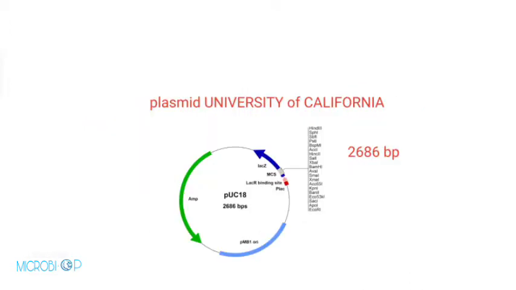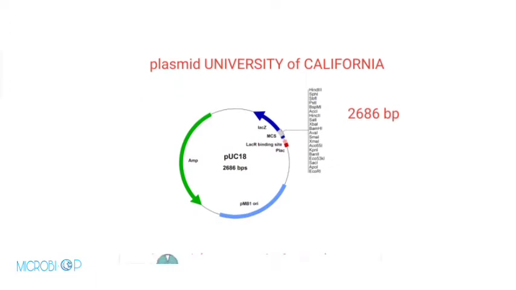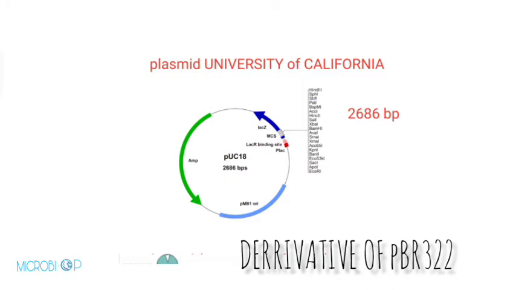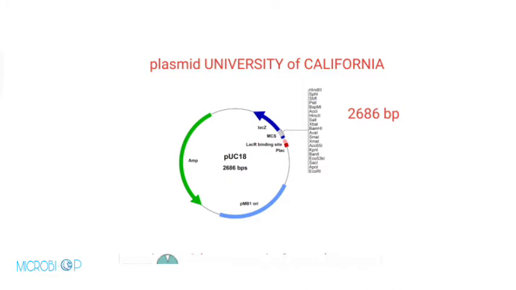So, today we will be learning about pUC18. Now, pUC18 is a 2.7 kilobases long plasmid, or 2686 base pairs to be more precise. pUC18 is a derivative of pBR322, which we have learned earlier, and the full name of pUC is University of California because it was made there.